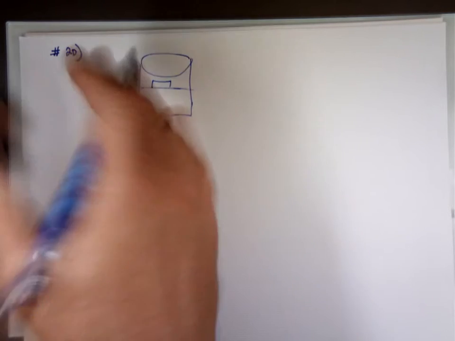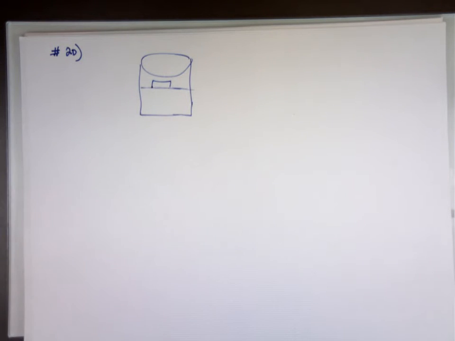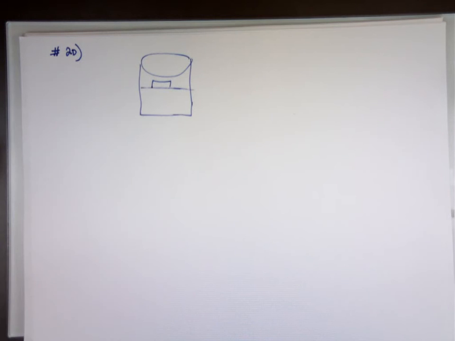You push down on it to decrease the volume. It says the flask is fitted with a straight piston. There's a piston that goes up and down to change the volume, that's free to slide up and down as shown in the figure. A mass rests on the top of the piston. So we have a mass to push it down.